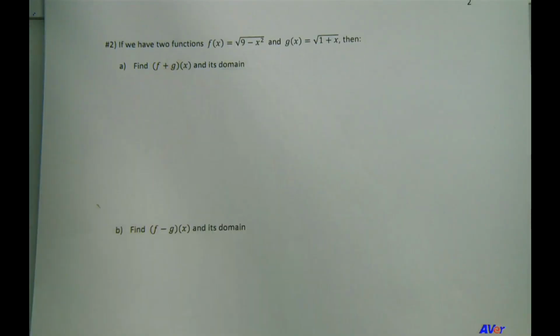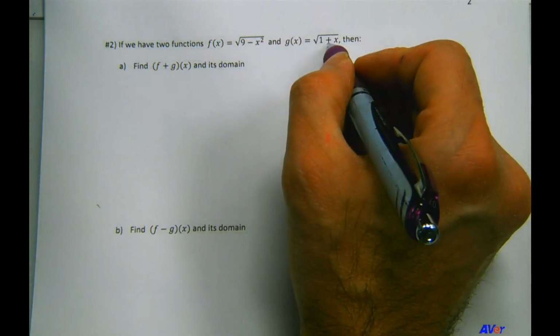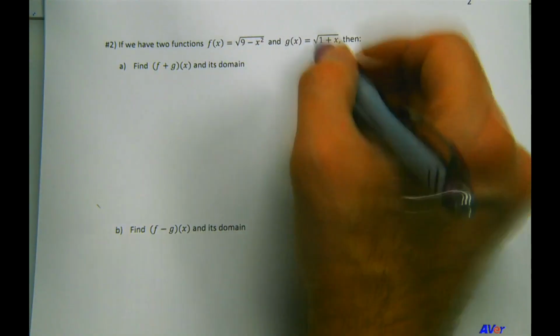Okay, so things are now getting more interesting because now the parent functions, both of them, are square roots. So we know right off the bat the inside of this and the inside of this cannot be negative. So let's find the domain for each one.